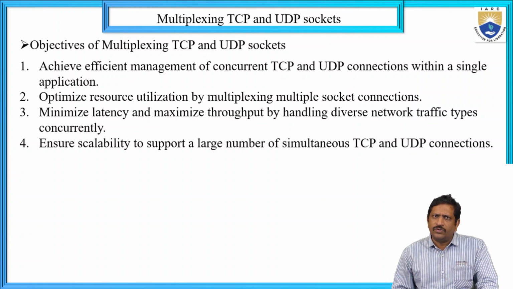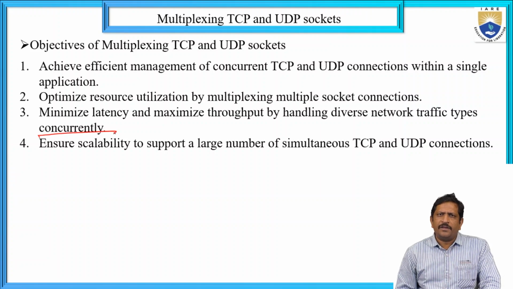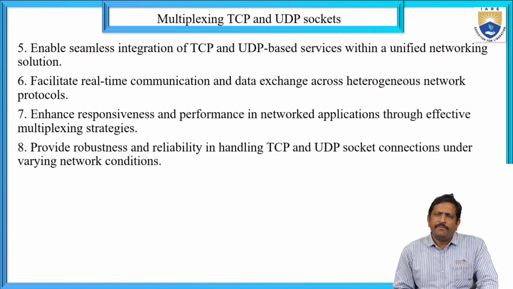It also ensures scalability to support a large number of simultaneous TCP and UDP connections. These are the main objectives of multiplexing TCP and UDP sockets, enabling the seamless integration of TCP and UDP based services within a unified networking solution.